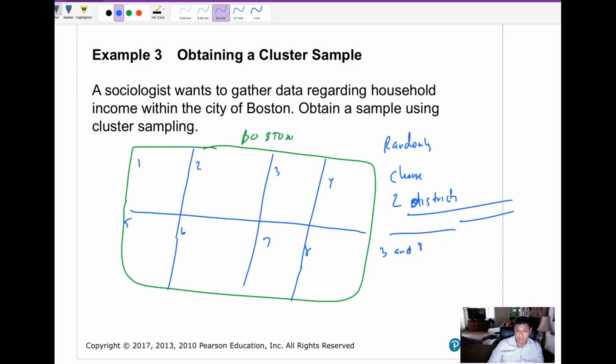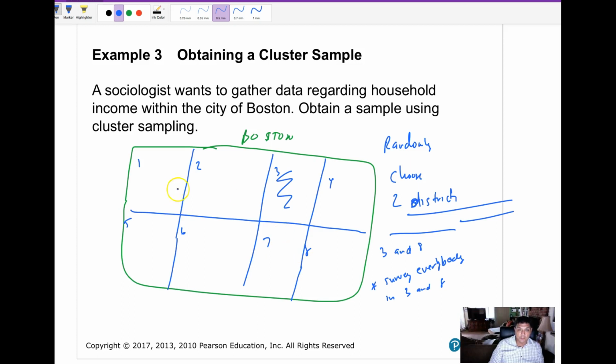Then you survey everybody in 3 and 8. So 1, 2, 4, 5, 6, and 7 don't get surveyed. We select everyone from here.